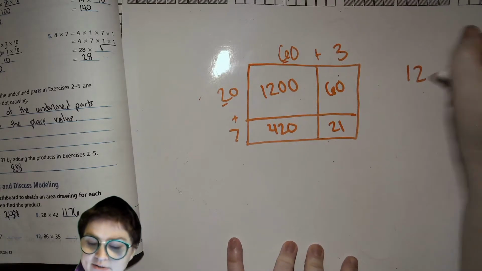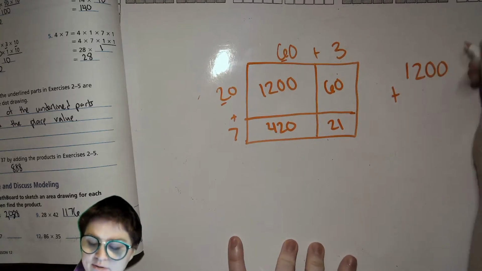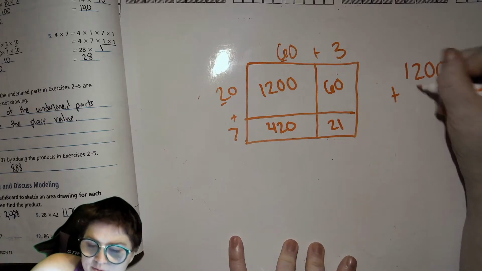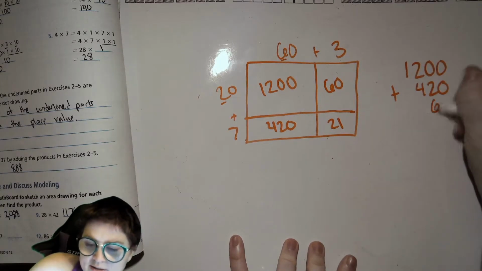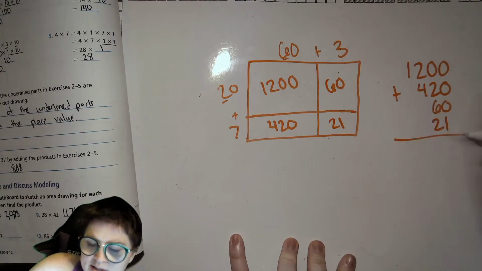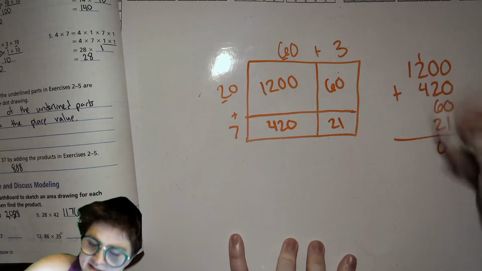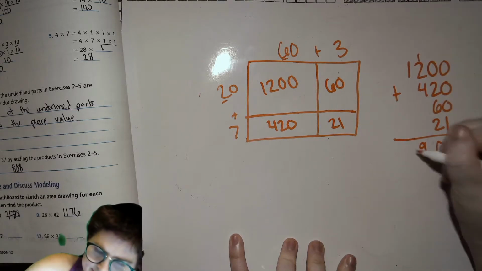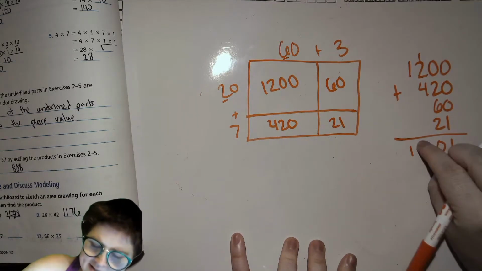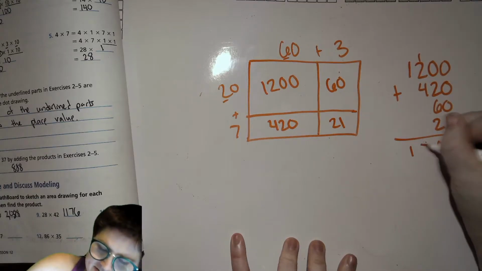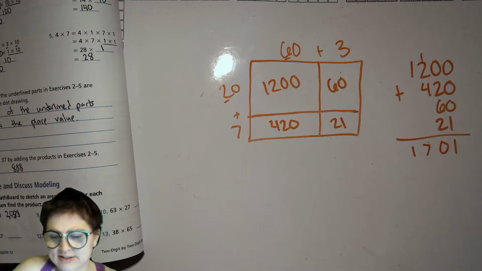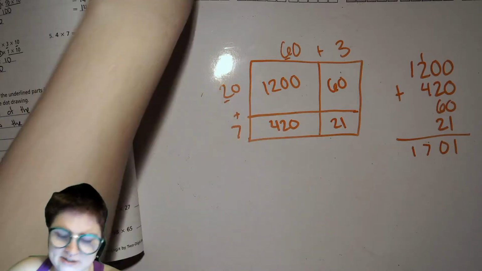So we add those up. 420, 60, 21, 1, new 10. Oh, that's not 9. Silly me. That's 7. So 1,701.